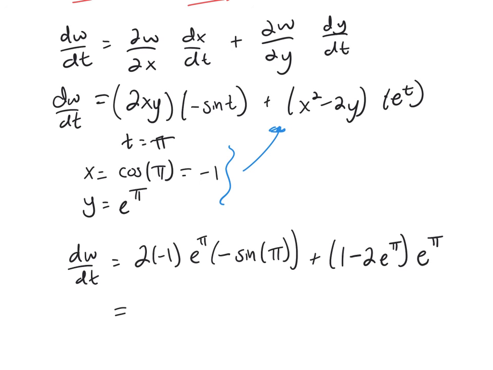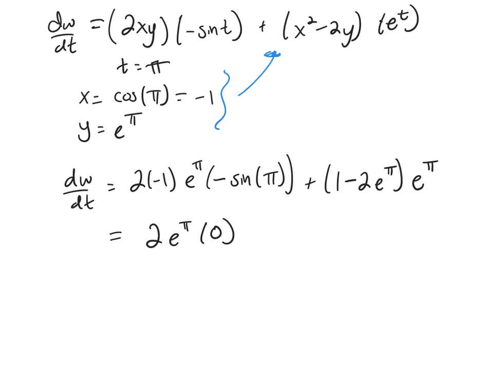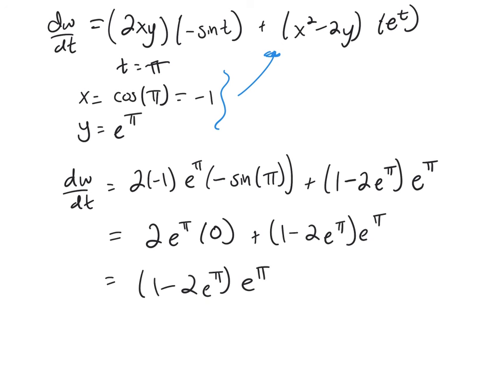So here we're going to get positive 2e to the pi. Sine of pi is 0. So I'm just really getting 1 minus 2 e to the pi times e to the pi. There's my answer.